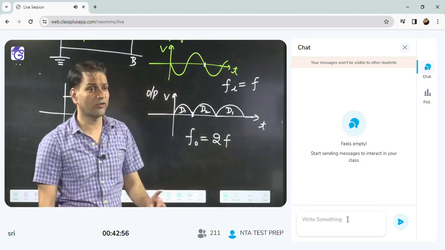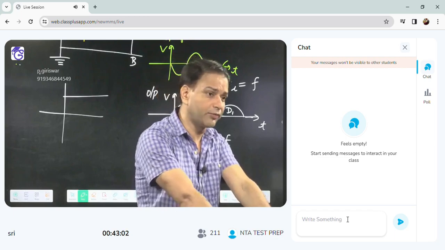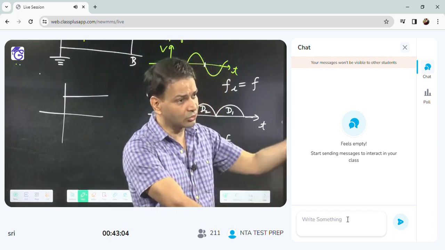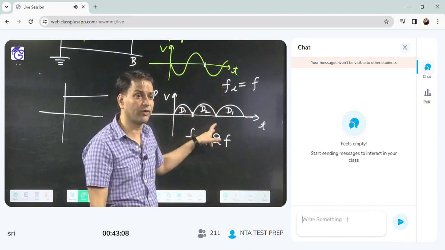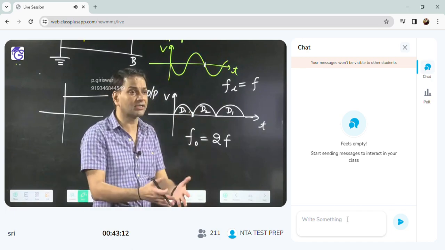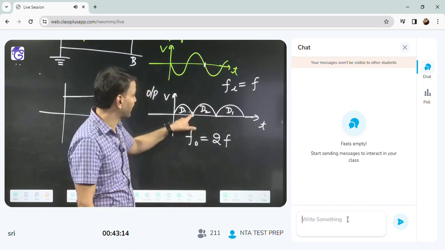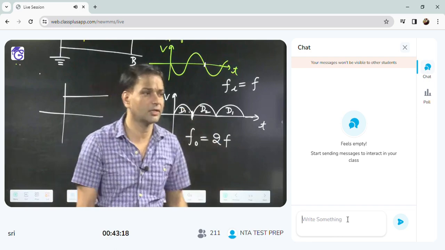So in the case of the half wave rectifier, the frequency of input and the frequency of output were the same. But in the case of the full wave rectifier, if the frequency of input is F, then the frequency of output will be double. Why? Basically the time period becomes half. Time period means the time after which they repeat. So they are repeating now after half the time. So that's why the time period becomes half, so the frequency gets double. Okay.